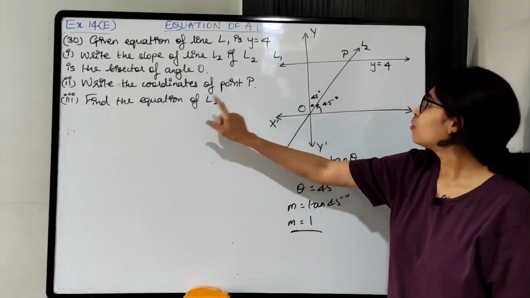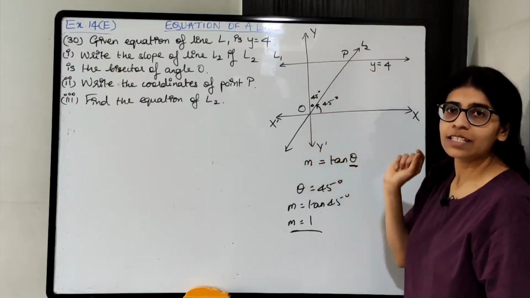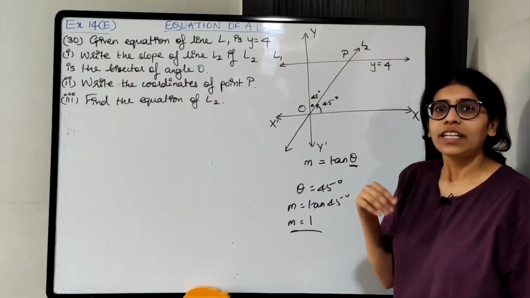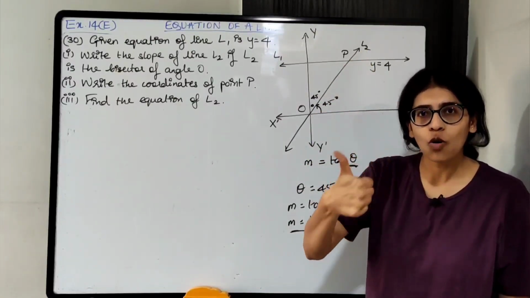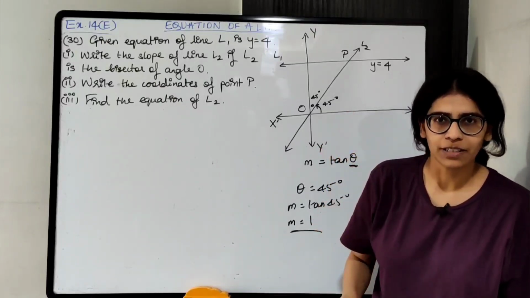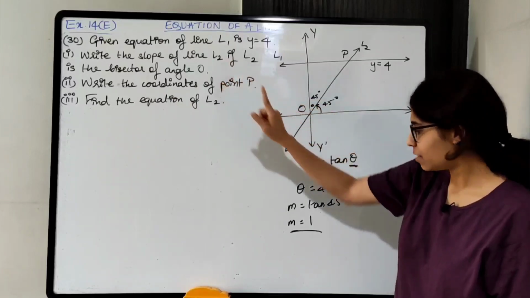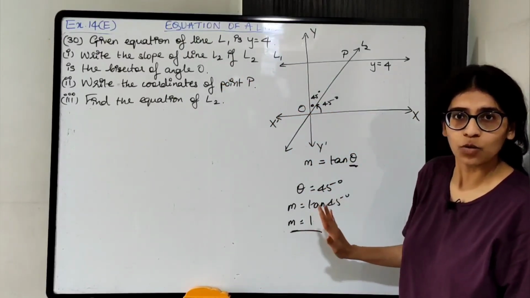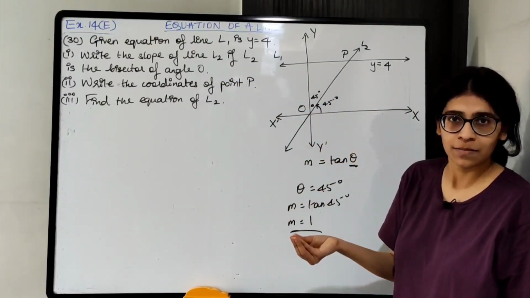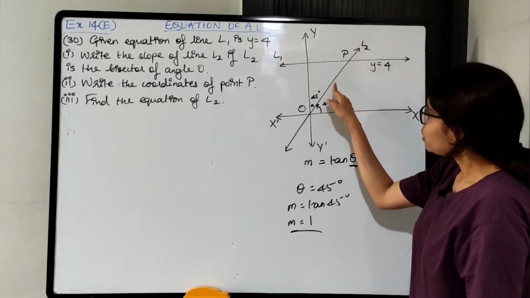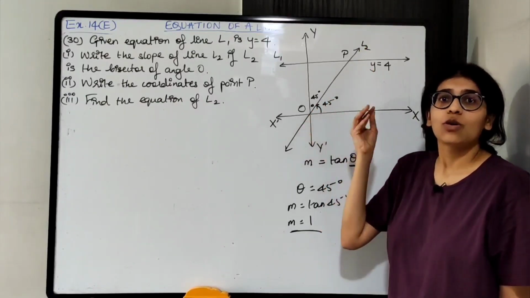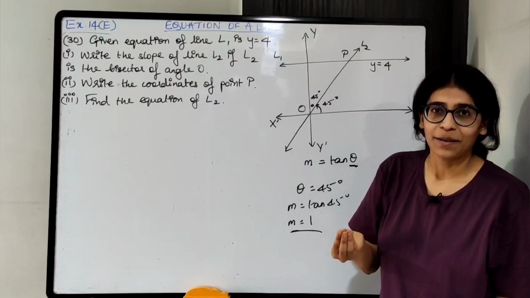How will you find equation of L2? कैसे find out करेंगे? For equation you need slope and 1 point का coordinates. L2 का slope मैंने first part में अभी find out किया है ना, it is 1. So I have slope, I need 1 point का coordinates. L2 is passing through O, that is origin के through pass हो रहा है.